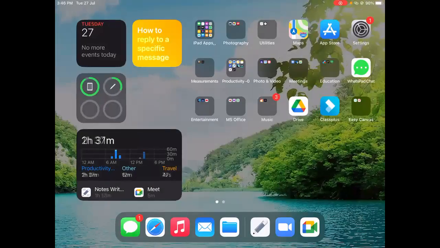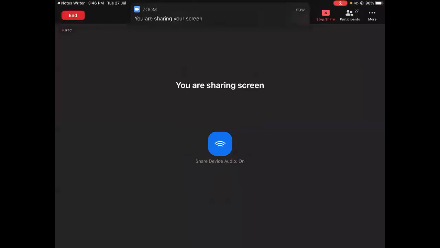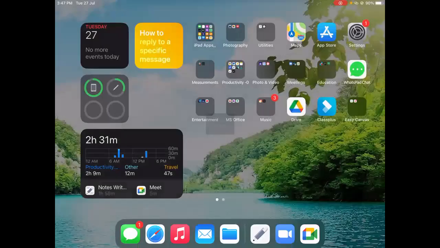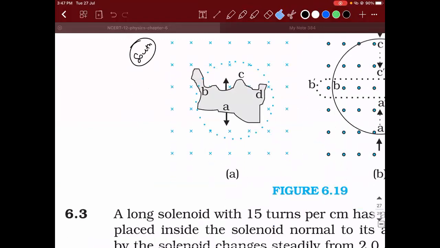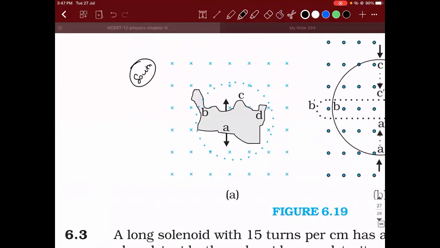Right. So the paper is acting like south pole. Correct? Paper is acting like south pole. So obviously you are going to be the north pole. Now look at this.